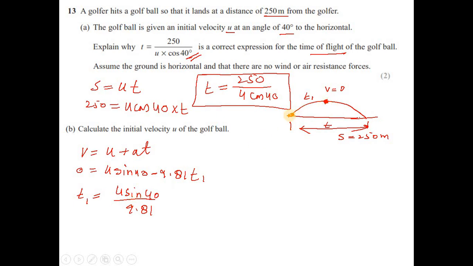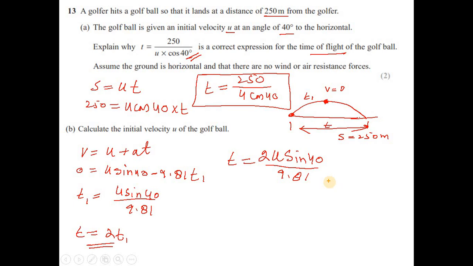What if I ask what is the total time to reach the other end? The total time is double that time. So you can see that the total time t is equal to twice t1. This is just for your understanding, I am writing this expression, you can write it directly. So t is equal to 2u sine 40 divided by 9.81.